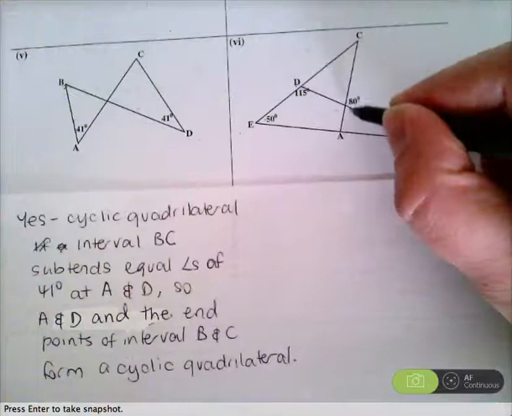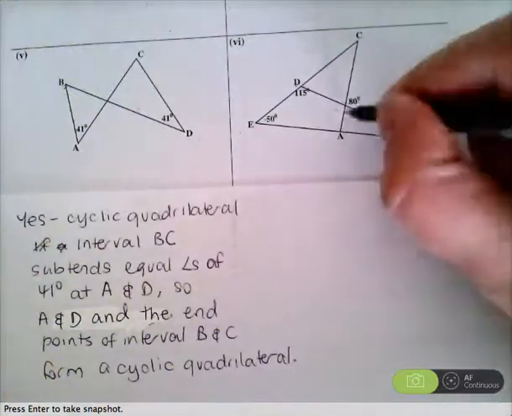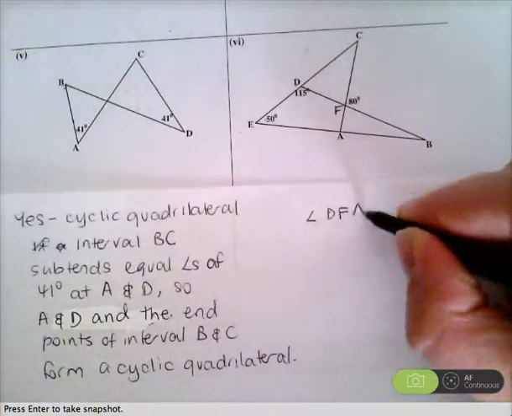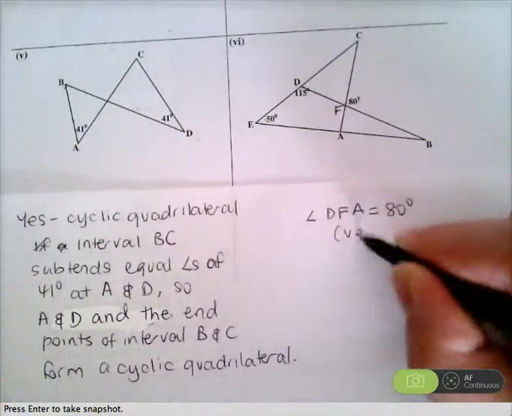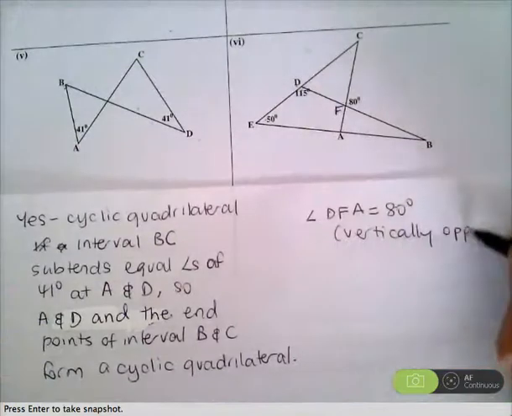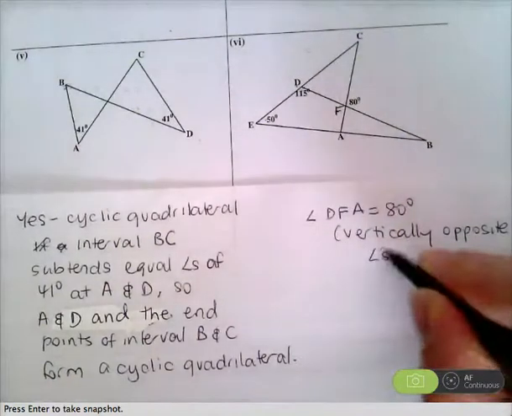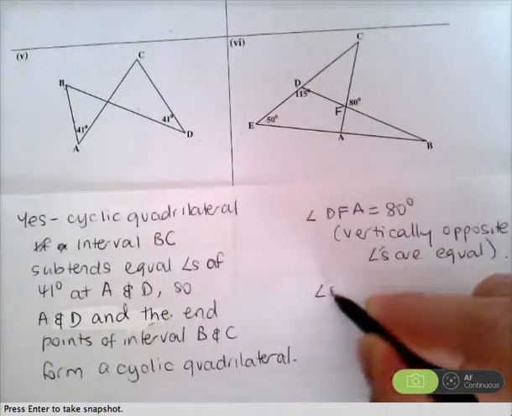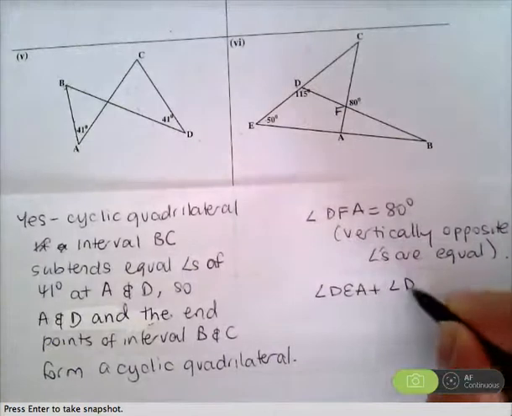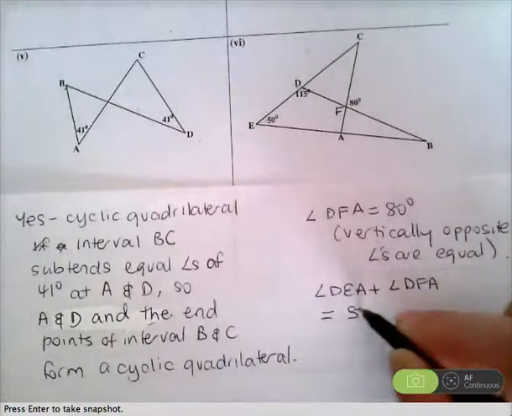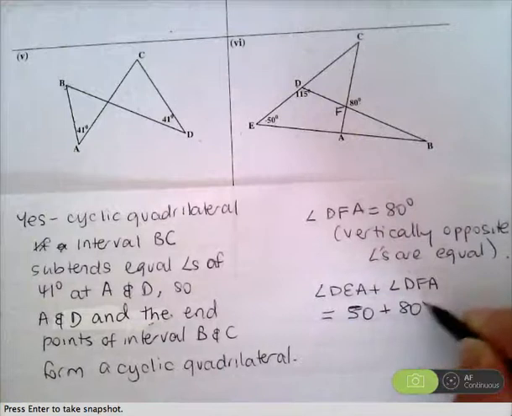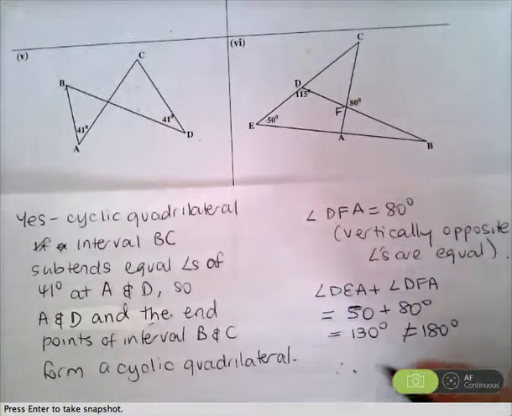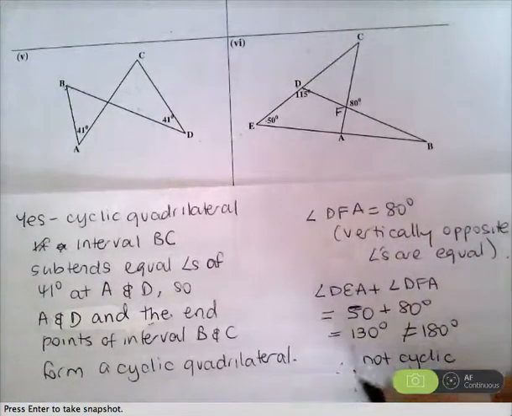I'm going to label this point as F. Angle DFA is equal to 80 degrees, reason: vertically opposite angles are equal. And angle DEA plus angle DFA is 50 plus 80, which is 130. That does not equal 180. Therefore, we can say it is not a cyclic quadrilateral.